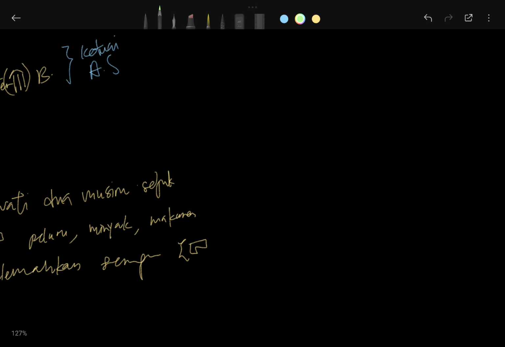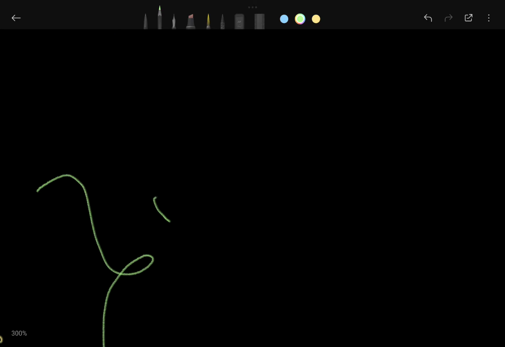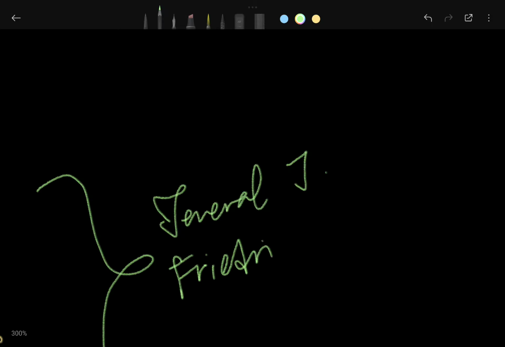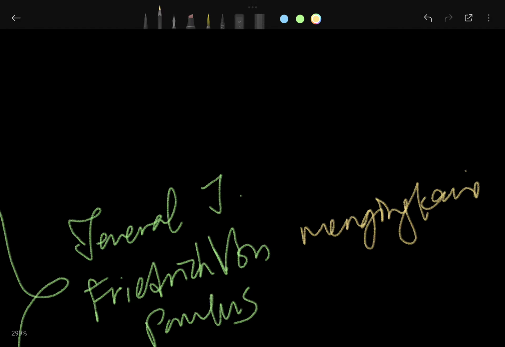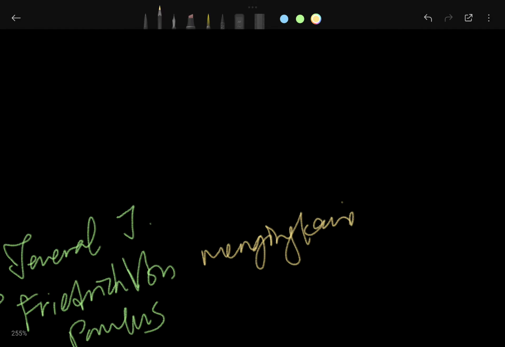Because of all these factors, your general German, Friedrich von Paulus, mengingkari, disobey. He disobeyed Hitler. This is big news, everyone. Perintah Hitler menyerah kalah kepada tentera Rusia di Stalingrad.